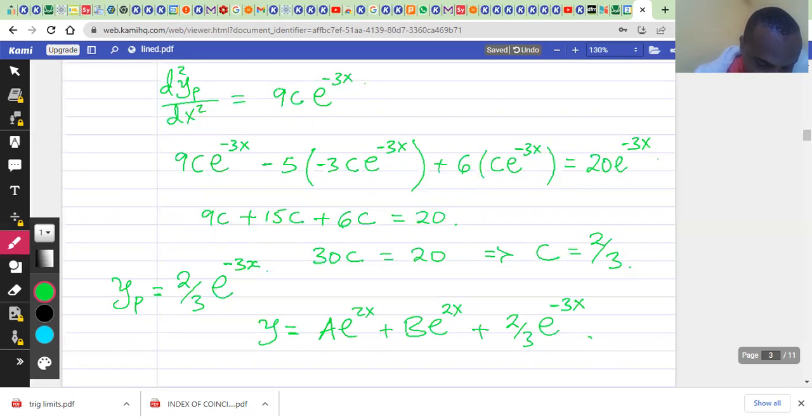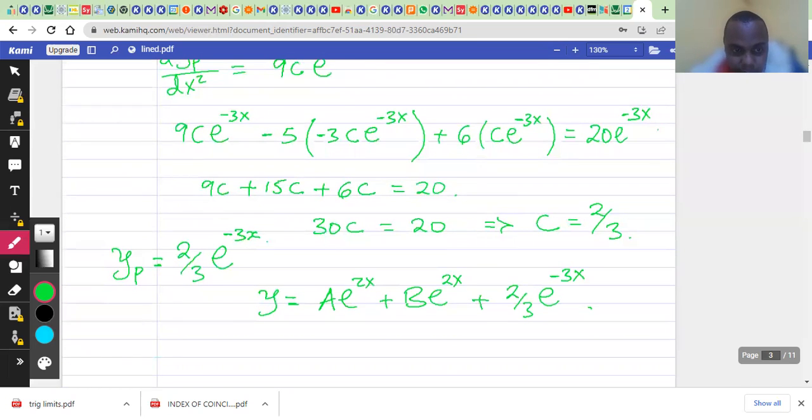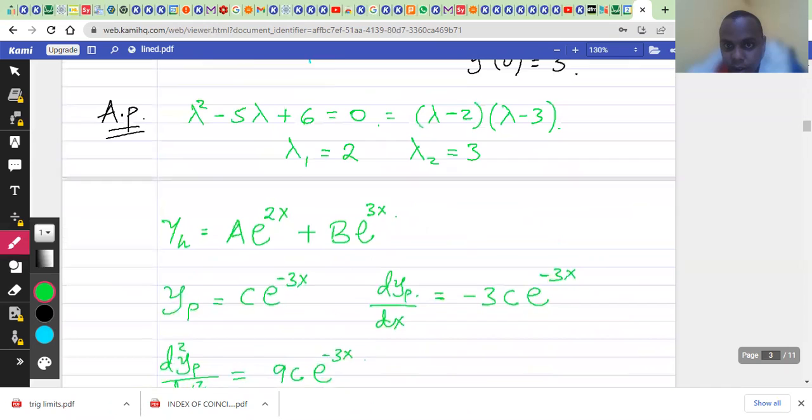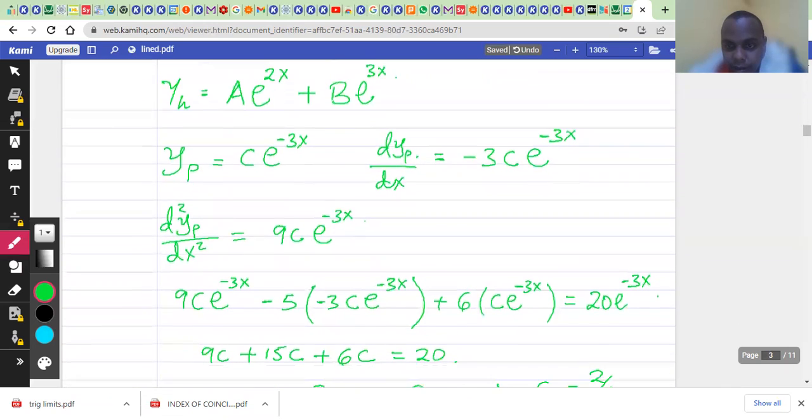So for us to solve for A, B, and everything, we need the initial conditions. The initial condition told us that y of 0 was 3, right?